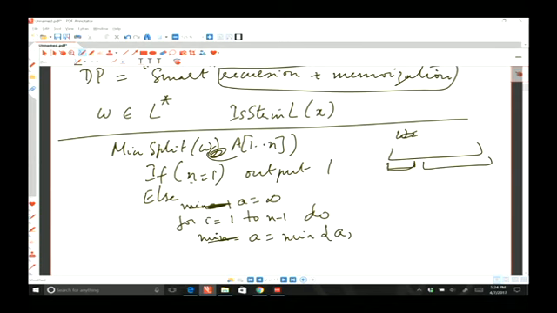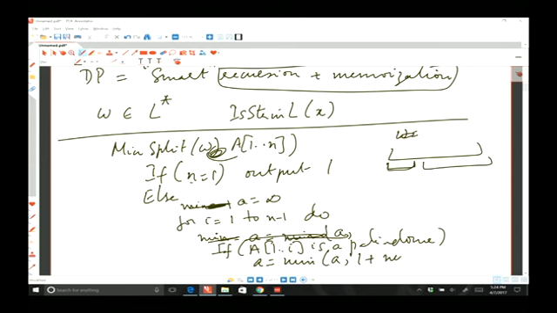If A1 to i is a palindrome, then proceed. If it's not a palindrome, I can't split at 1 to i. Then A is the min of A(i+1 to n).